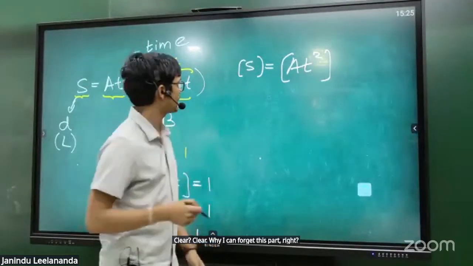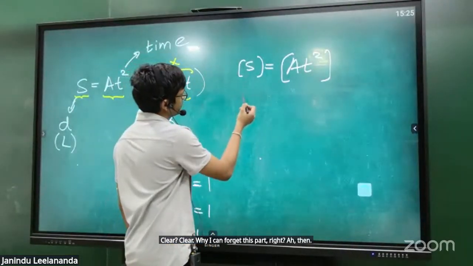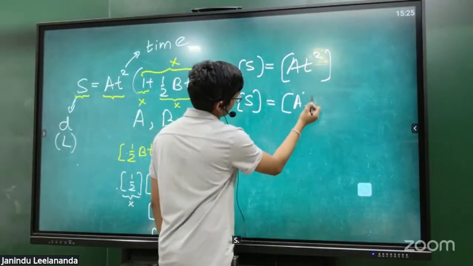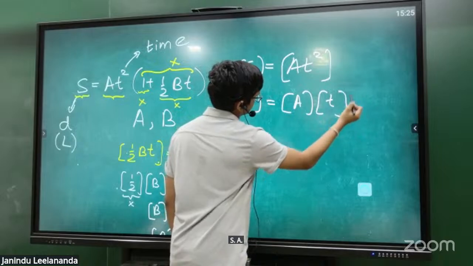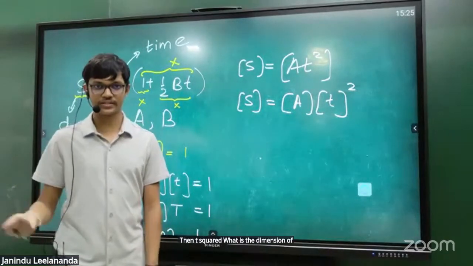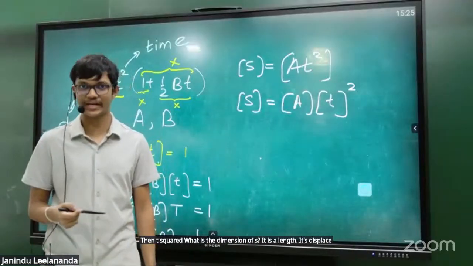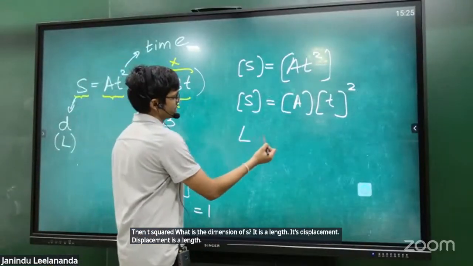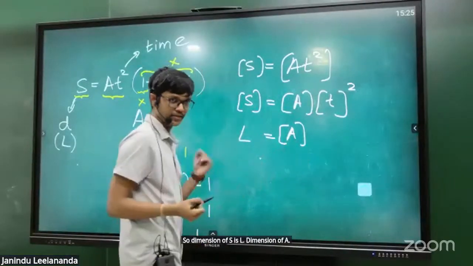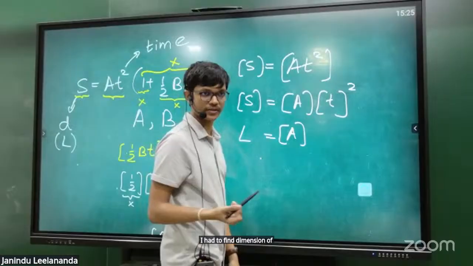Then S equals A T squared. What is the dimension of S? It's a length. It's displacement. Displacement is a length, so the dimension of S is L. The dimension of A, I have to find. The dimension of T, capital T, right?